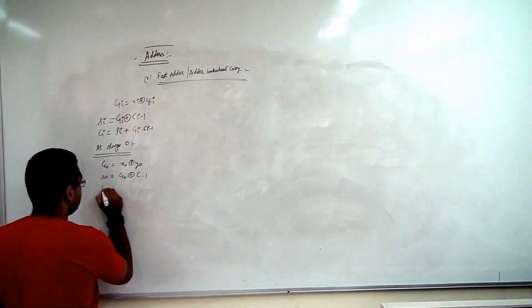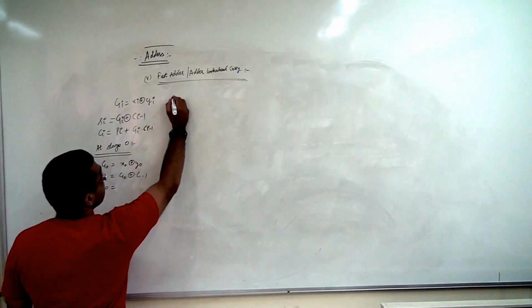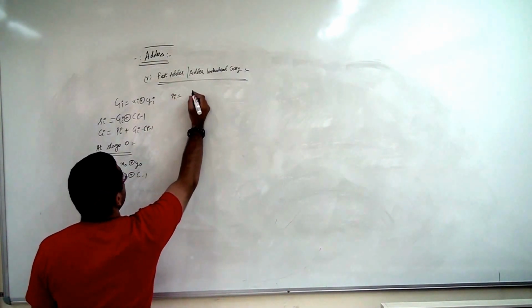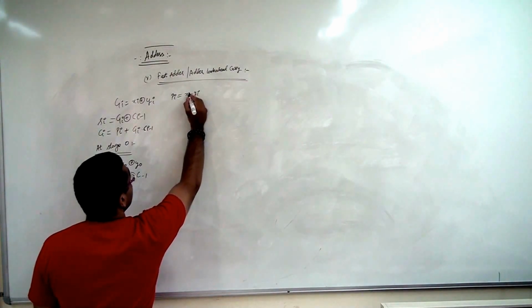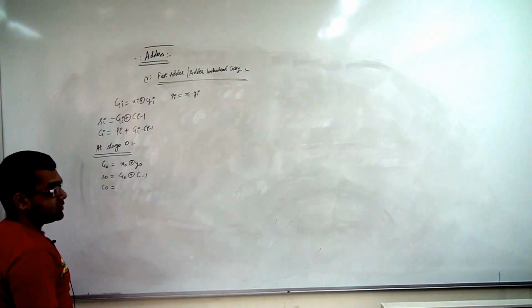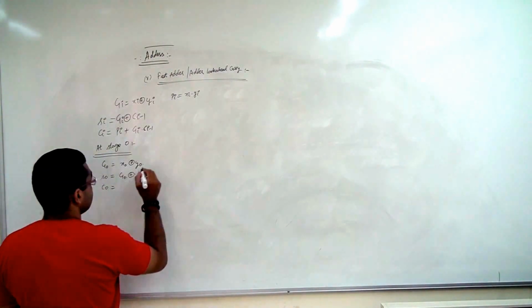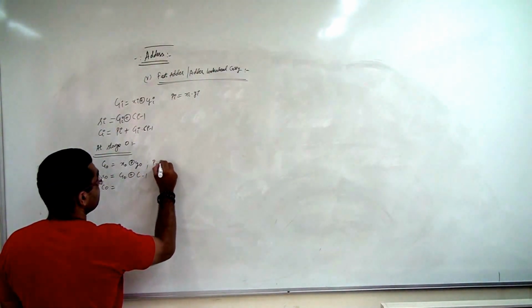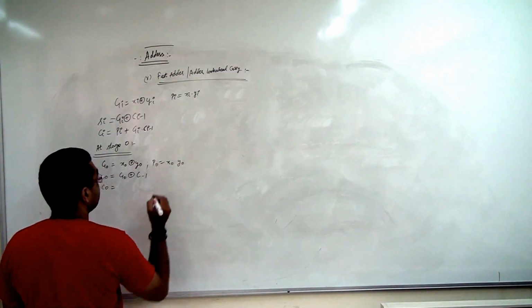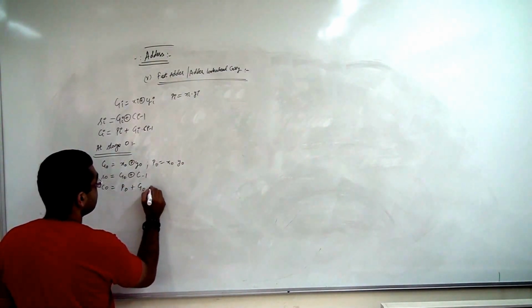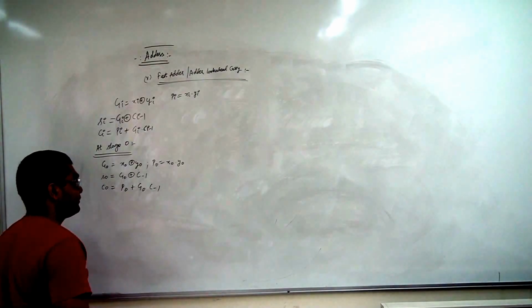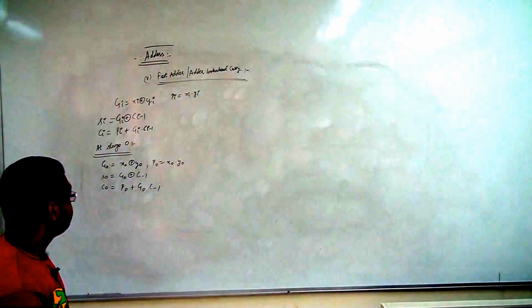And what is C0? Pi also I write down, is actually Xi dot Yi. Okay, this is what we had, the AND function. So P0 is X0 and Y0. C0 will be P0 plus G0 C minus 1, because 0 minus 1, that is 0.